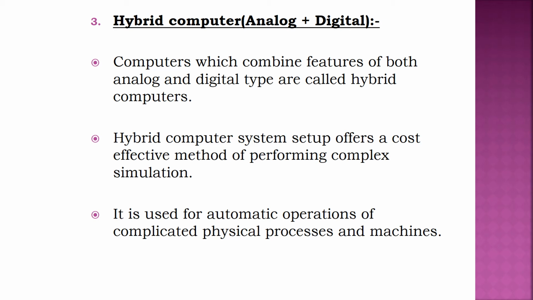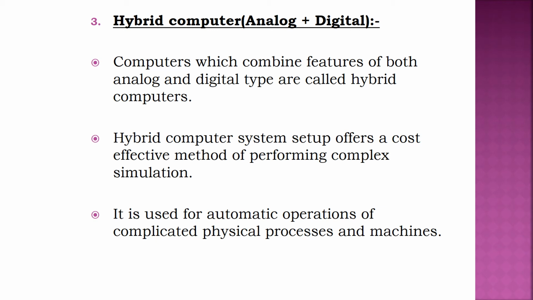A hybrid computer system setup offers a cost-effective method of performing complex simulation. It combines desirable features of analog and digital computers, and is mostly used for automatic operation of complicated physical processes and missions.